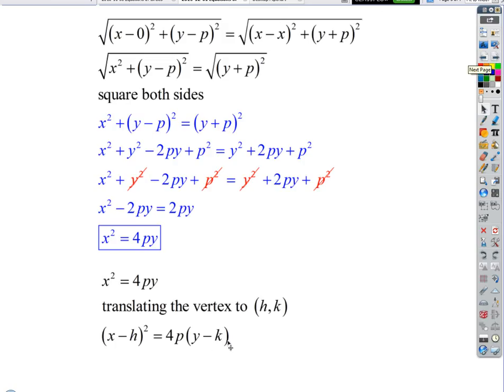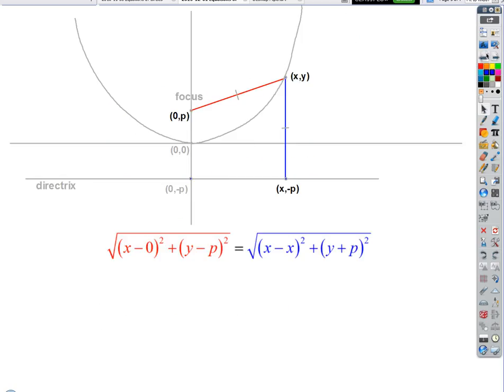And if I do that, then I end up with a new equation that represents all possible parabolas that we could draw, where the vertex is at h, k, and p is defined as the distance between the focus and the vertex. 2p would define the distance between the focus and the directrix. Okay? Does that make sense?